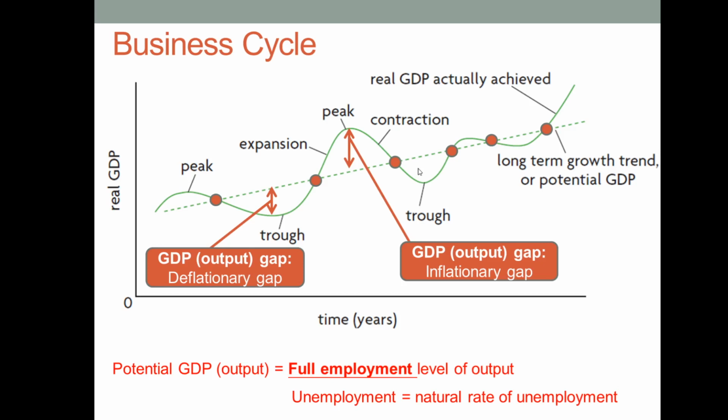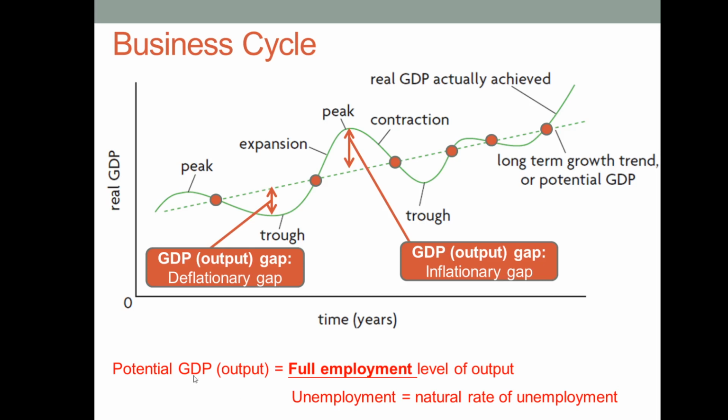We call potential output the optimal output in the economy, and when people work overtime to achieve higher output, it's not really sustainable, not really optimal. That's why very soon it will go back down.